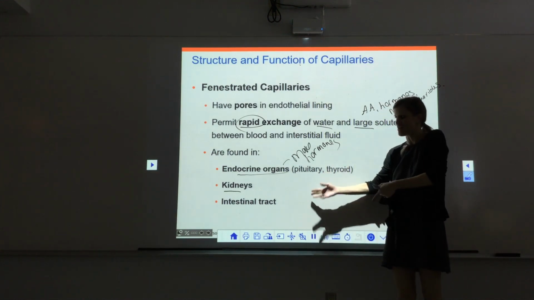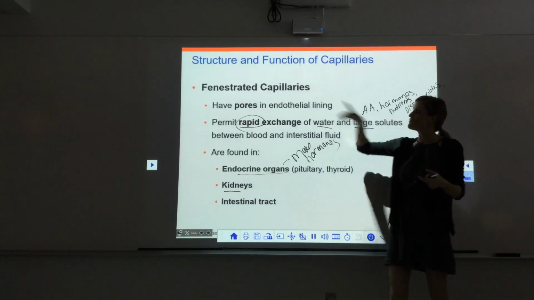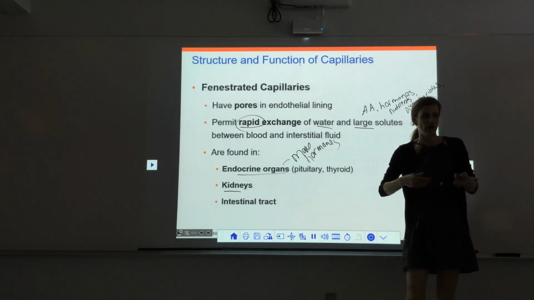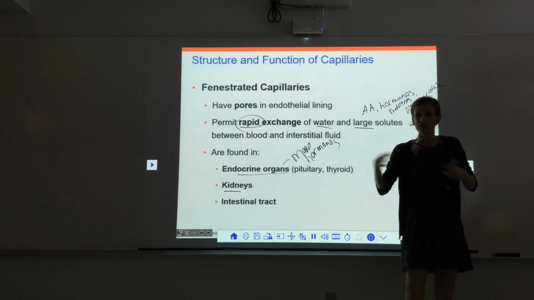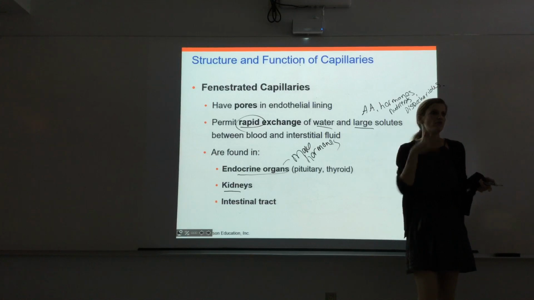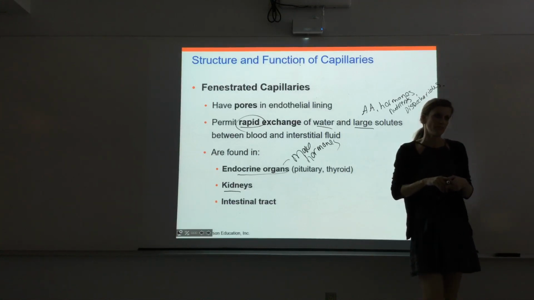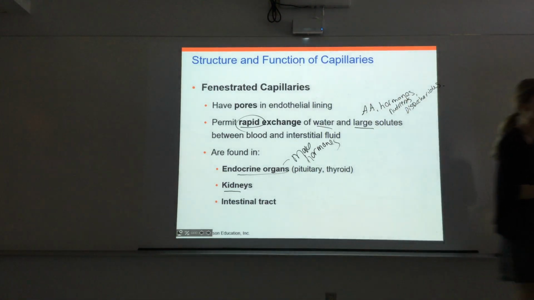We have a lot of stuff that we need to really rapidly absorb into the bloodstream. These fenestrated capillaries make it easier to do that. The pores allow us to get water and ions and glucose really quick, and the pores are big enough to allow us to get some of those other larger nutrients into the bloodstream. Okay, so that's why we have fenestrated capillaries in these very, very distinct areas.